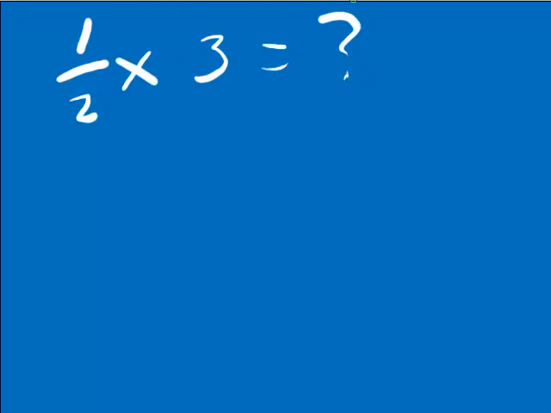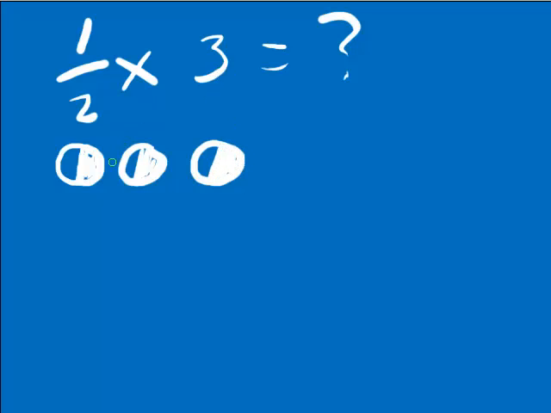Let's try 1/2 times 3. So 1/2 times 3 equals our unknown. Alright, so we're going to do the same thing visually. We've got 1/2. Let's make this 1/2 right here. 2 halves. 3 halves.